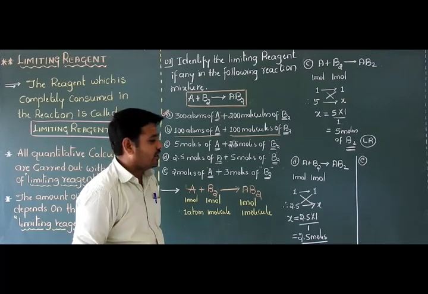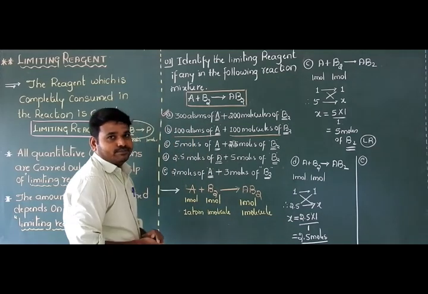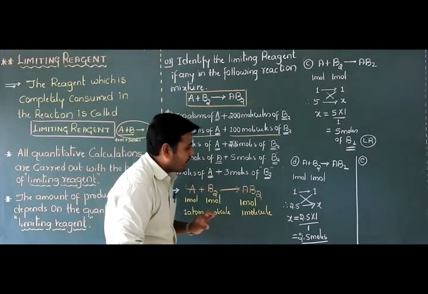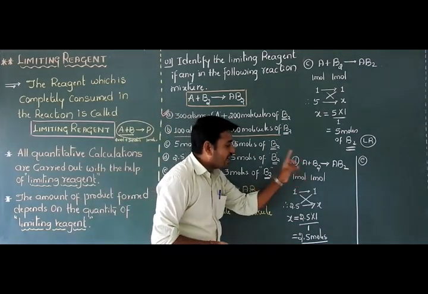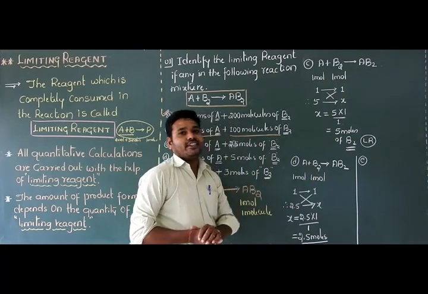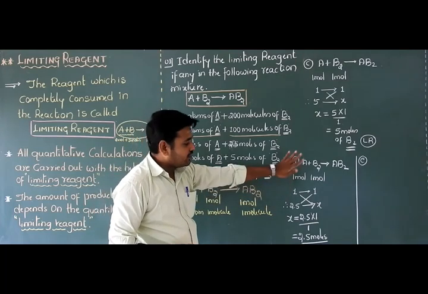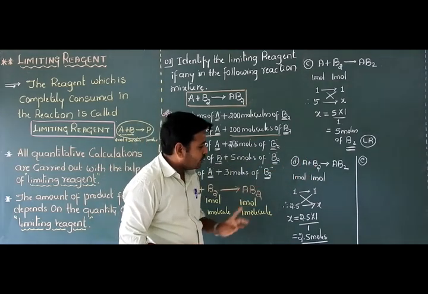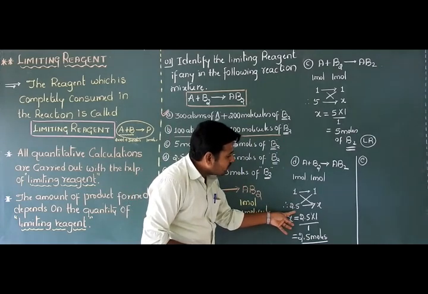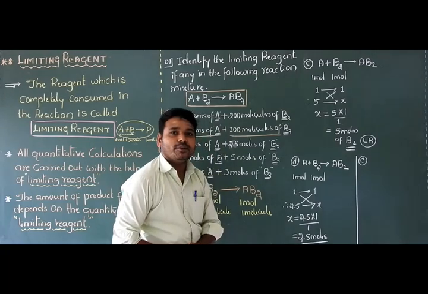Listen to this point carefully. How much do we need? We need 2.5 moles. According to the balanced equation, for 1 mole of reactant A to react, 1 mole of reactant B2 is needed. That means according to the equation, 1 mole reacts with 1 mole of B2. So therefore 2.5 moles of reactant A combines with 2.5 moles of reactant B2.